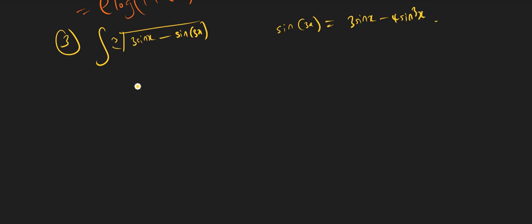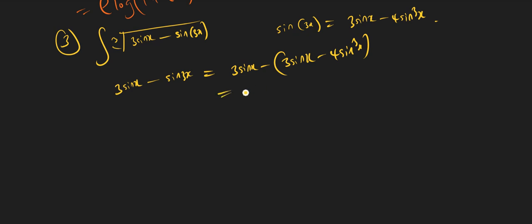So in this case, 3 sine x minus sine 3x becomes 3 sine x minus 3 sine x minus 4 sine cubed x, which equals 3 sine x minus 3 sine x plus 4 sine cubed x, which is just 4 sine cubed x.